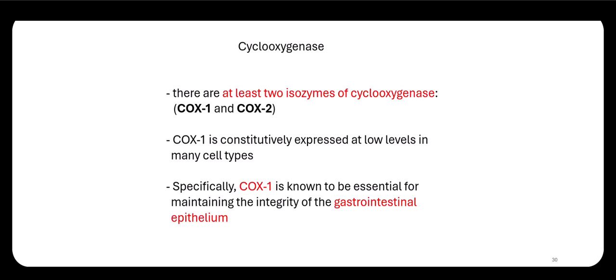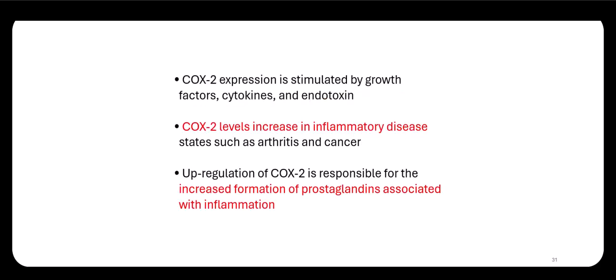COX-1 is expressed at low levels in a lot of different cell types, but the big deal with it is it's important in maintaining our GI endothelium. COX-2 is stimulated by cytokines, endotoxins. It's all about inflammation.